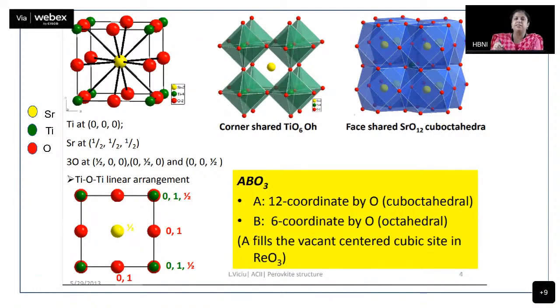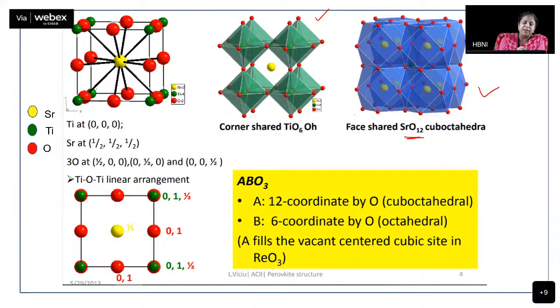You can describe your structure either as corner sharing TiO6 octahedra, if I'm talking of a titanate where titanium is the B ion, or the face sharing SrO12 or TiO12, I'm sorry, this was strontium titanate. Basically AO12 cuboctahedra. Now these are the coordinates for various ions.